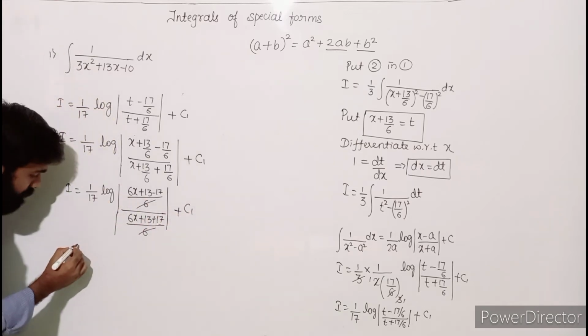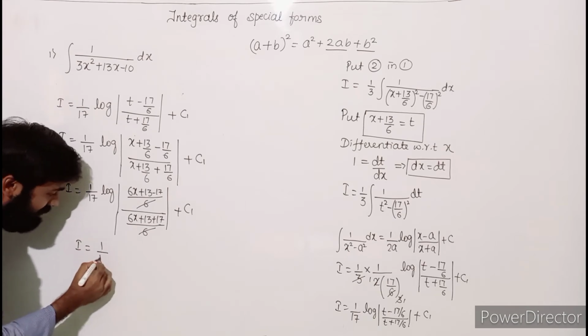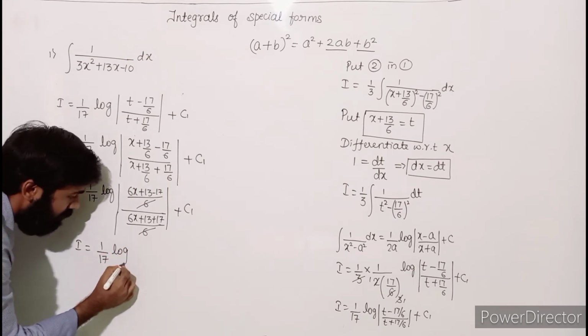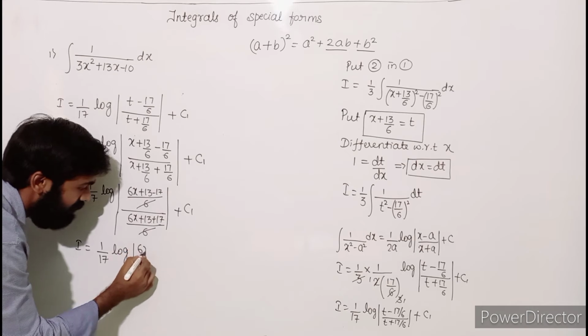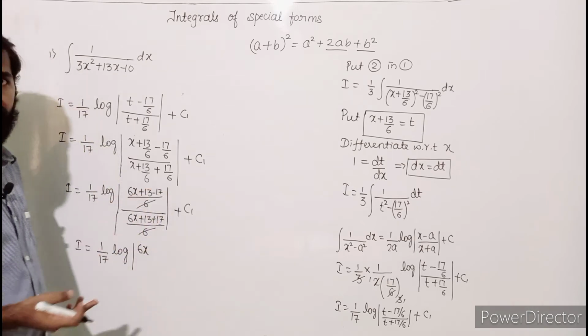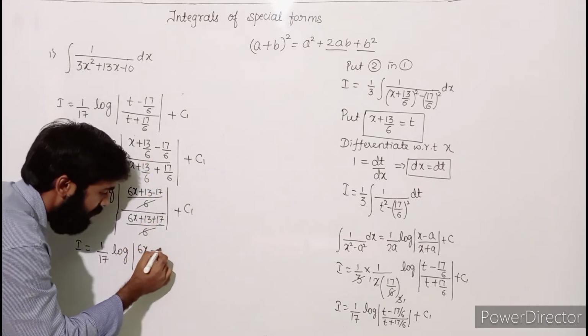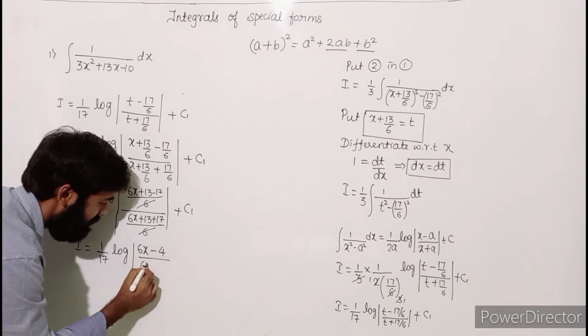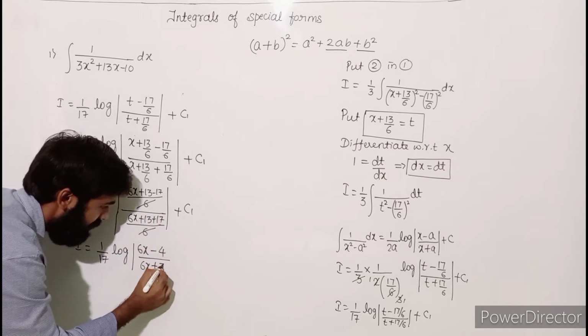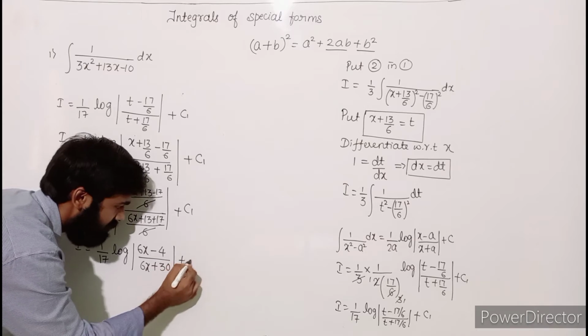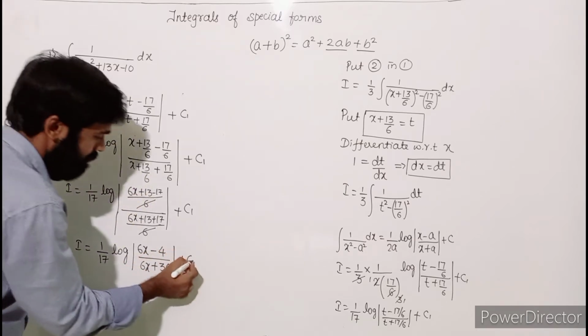So what do you get now? I equals 1 by 17 log of mod of 6x, 13 minus 17 is minus 4, divided by 6x, 13 plus 17 is 30, plus constant of integration c1.